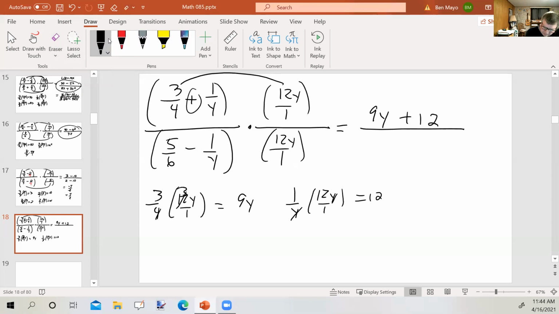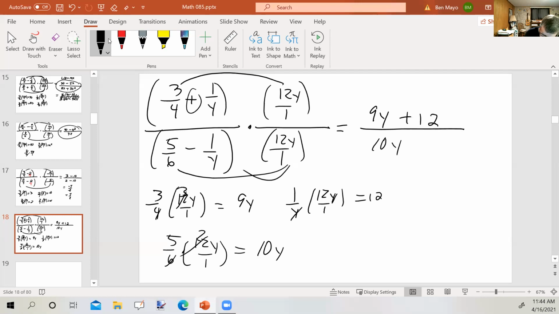All right. In the denominator, 5/6 times 12y over 1, which is 10y, minus 1 over y times 12y over 1, which is 12. Okay.